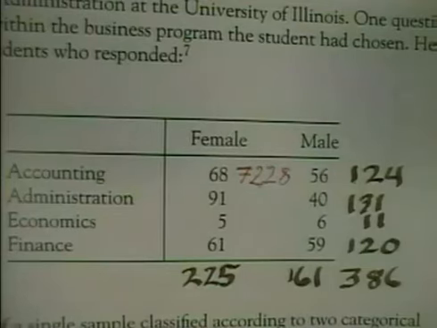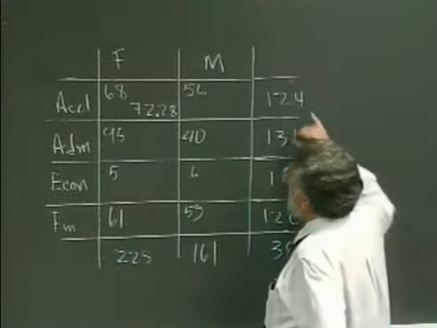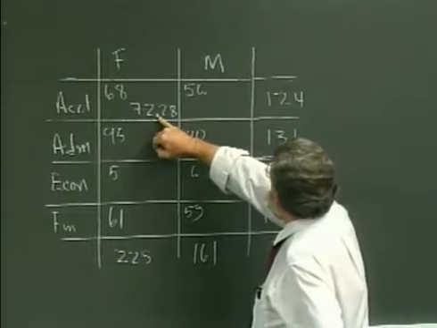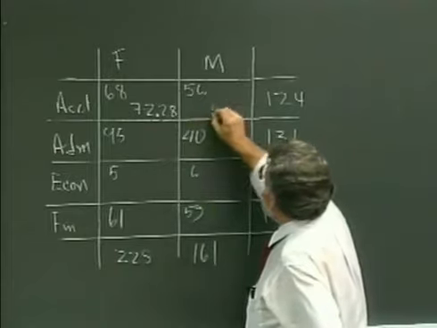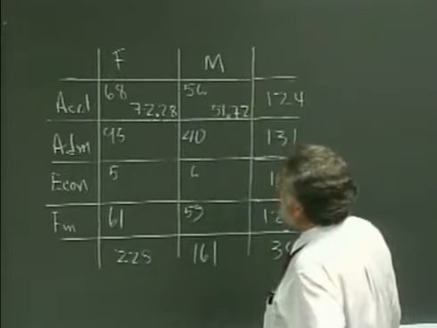Okay, and then I have some other numbers I need to write here. 91, 5, 61. Is that correct? And then a 56, and 40, and 6, and 59. Now, I need you to help me out with the expected values here. We said we had 72.28, so 51, 72. Okay, so we have that.